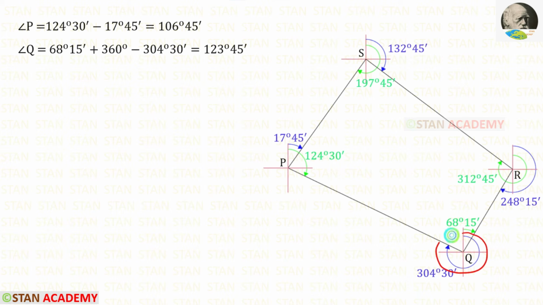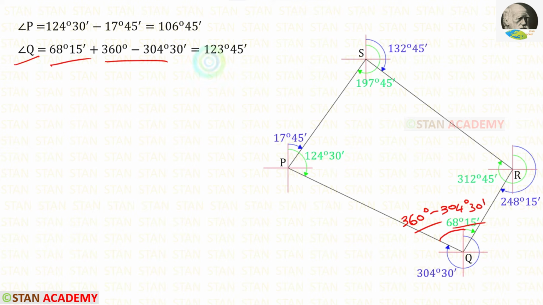We know that one circle is 360 degree. 360 degree minus 304 degree 30 minutes, we will get this angle. When we add this angle and this angle, we will get interior angle Q, which is 120 degree 45 minutes.